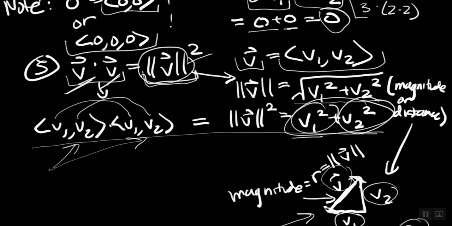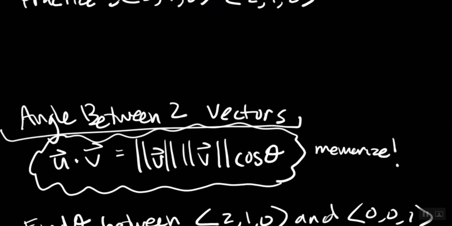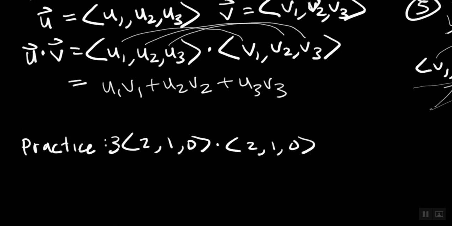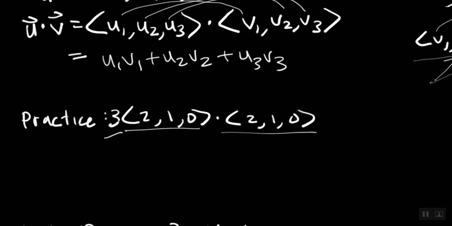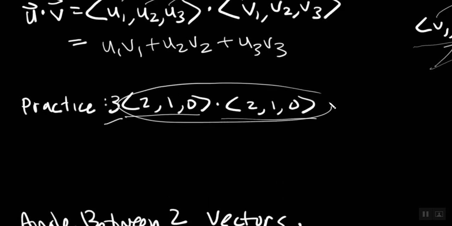Now let's not dwell too much on rules and actually do some practice, because that's the best way to learn about these things. So in this case, we have 3 times this vector dot producted with this vector. I don't know if dot producted is a word because I'm pronouncing it kind of weirdly, but basically the dot product of these two vectors times a constant 3.